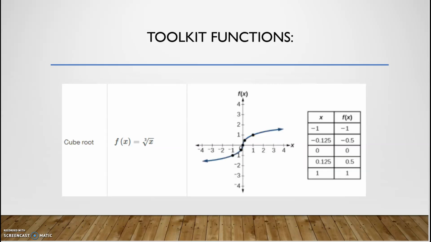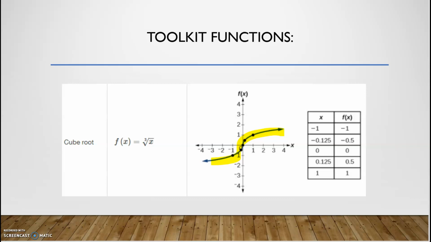Here we have a cube root function, and it almost looks like x cubed, except the direction is a little bit different. Okay, so those are our basic toolkit functions, and we need to know the formula as well as the shape, because we're going to be transforming them.